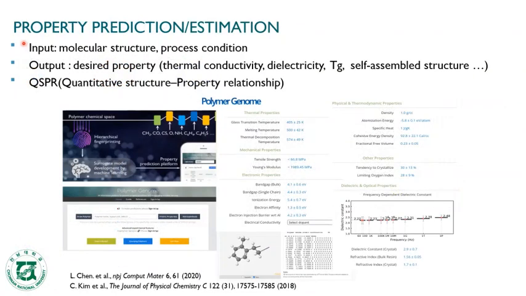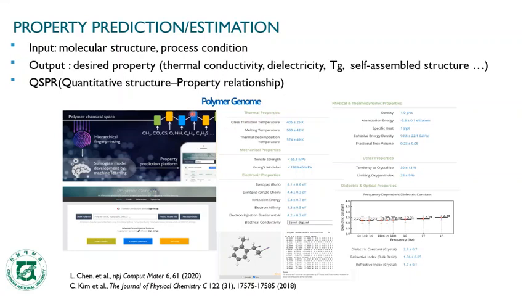In property prediction cases, the input of the machine will be molecular structure or process condition, and the output will be the property of concern. So various thermal and mechanical properties, and also the self-assembled structure in PISA cases, will be of concern. This prediction also includes some of the earlier effort in polymer informatics, which is quantitative structure-property relationship.